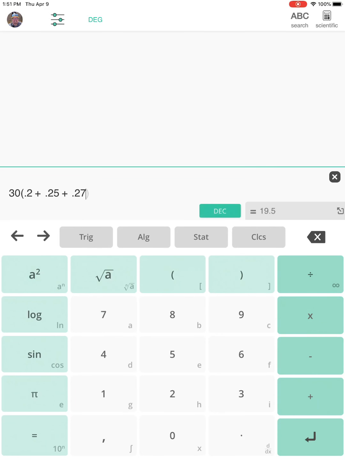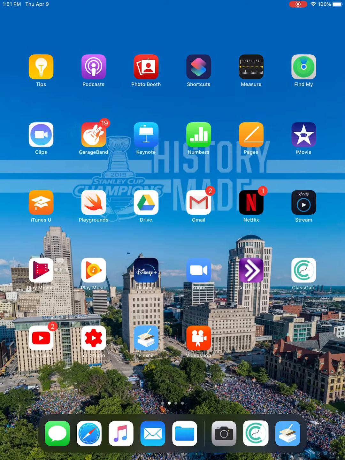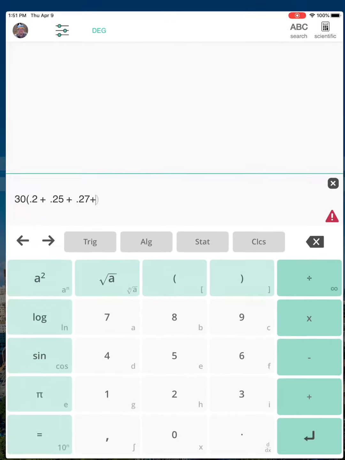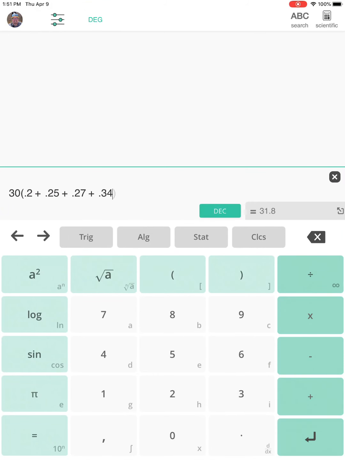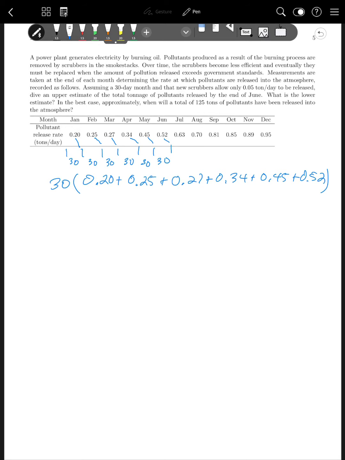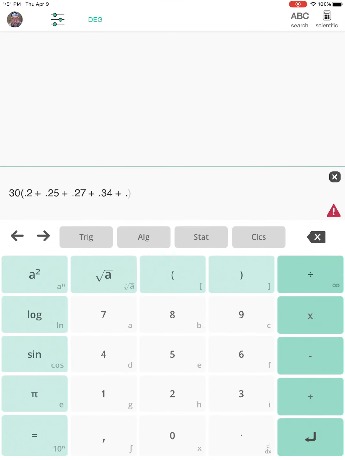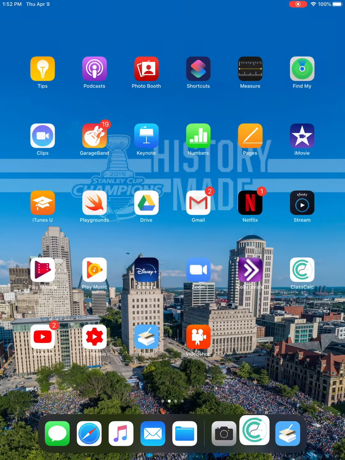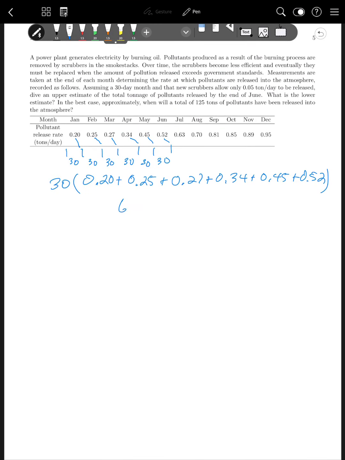So we could try that with our calculator. So it was 30 times 0.2, 0.25, 0.27, plus 0.34, 0.45, 0.52.